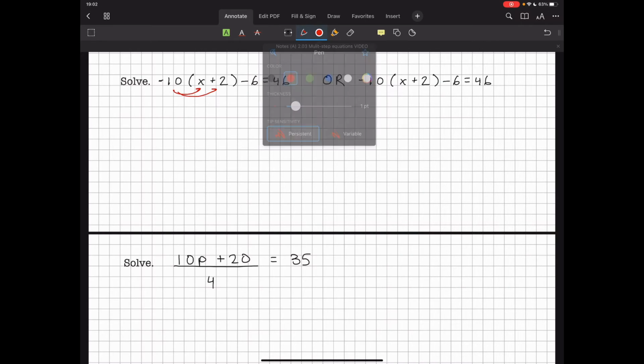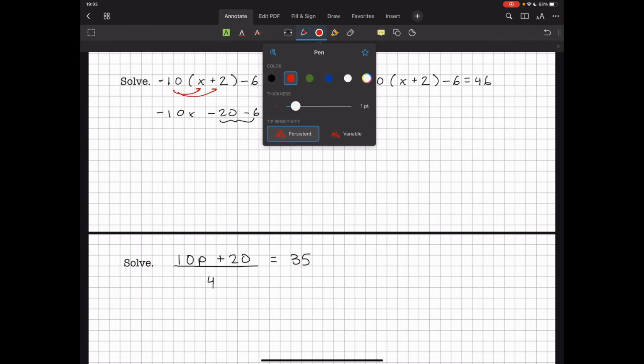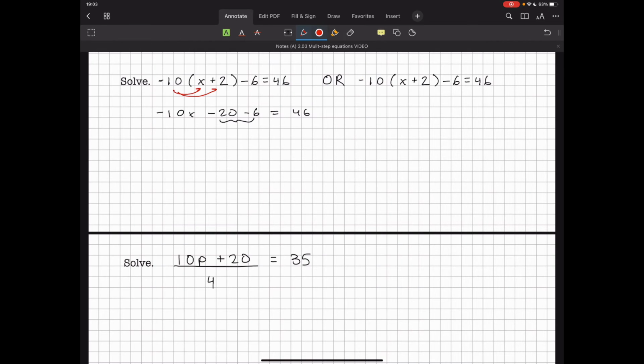Instead, if we distribute the -10 first, we've got -10x minus 20 minus 6 equals 46. We can then simplify the -20 minus 6. That leaves us with -10x minus 26 equals 46.